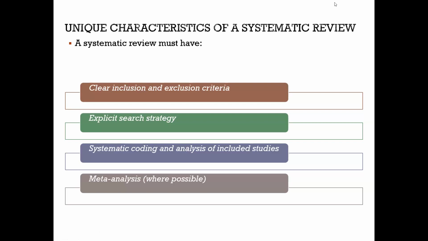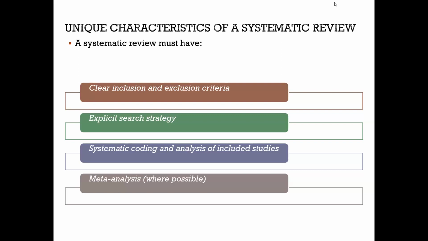Next is systematic coding and analysis of the included studies. You have to code them specifically, like a data entry for patients. For example, if a patient has come, this is the data, this is the HB level. Or if a person has taken a drug, I give 1, and 0 for a person who has taken a placebo.